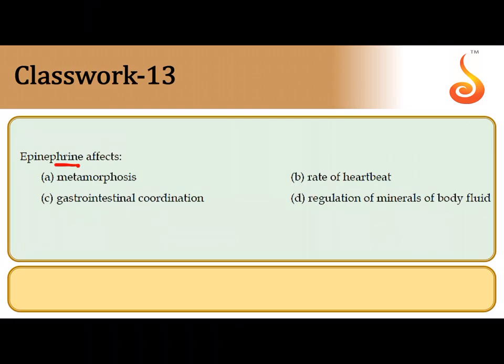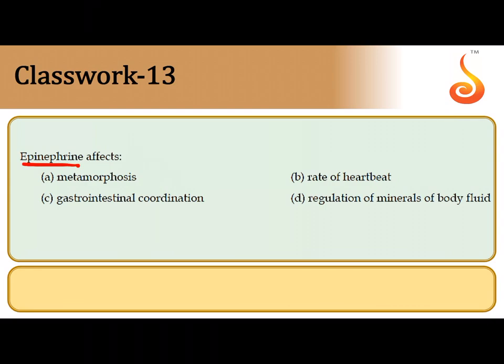Epinephrine, what is the alternate term for epinephrine? Epinephrine is also called adrenaline. Adrenaline or epinephrine and noradrenaline or norepinephrine are both collectively called catecholamines, and these catecholamines are hormones secreted by the deeper part of your adrenal gland, which is called adrenal medulla.